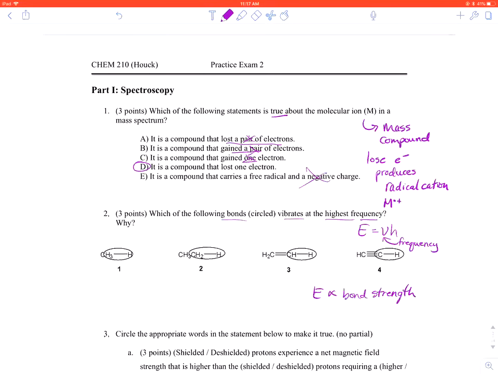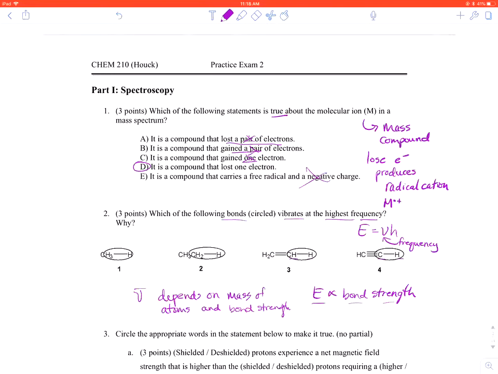And we know that the bond vibrational wave number depends on the mass of the atoms in the bond, and also the bond strength. So, as I just said, the energy for bonds with identical elements will depend exclusively on bond strength.